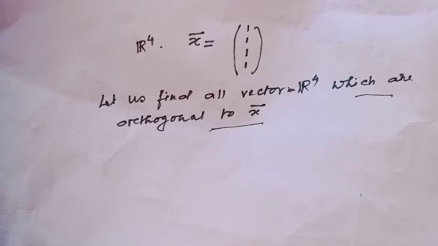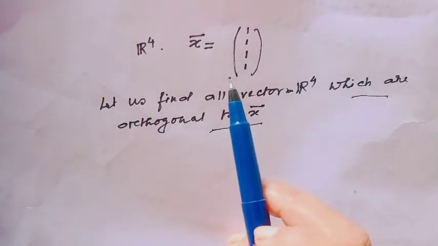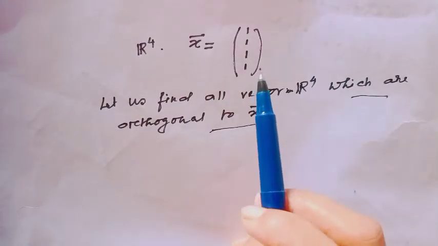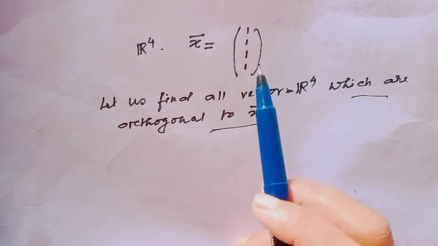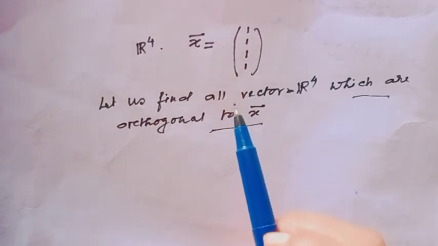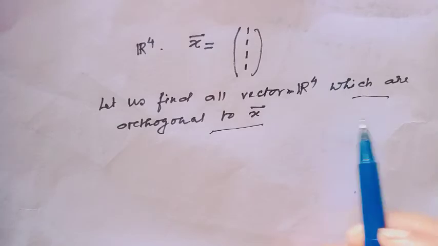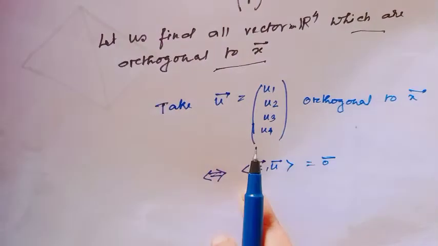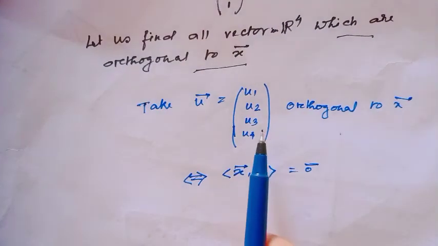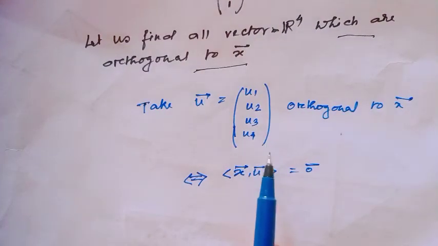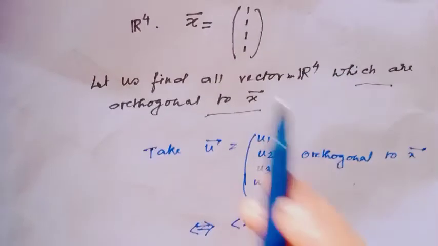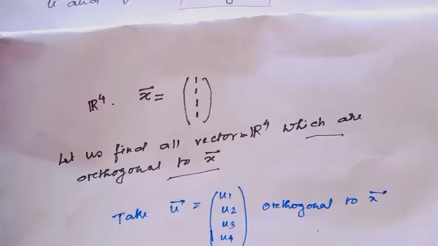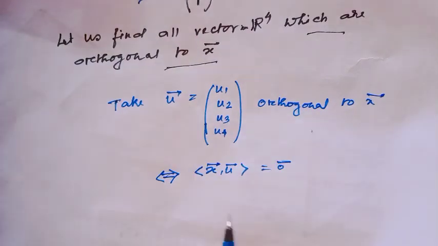Now consider one vector denoted as x in R4, defined as (1, 1, 1, 1). Then let us find all vectors in R4 which are orthogonal to x. For this, consider an arbitrary vector denoted as u equal to (u1, u2, u3, u4), which is orthogonal to this vector x. That implies the inner product of x with u equals 0.